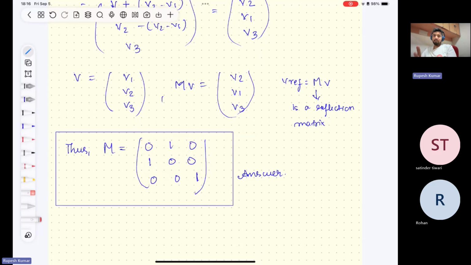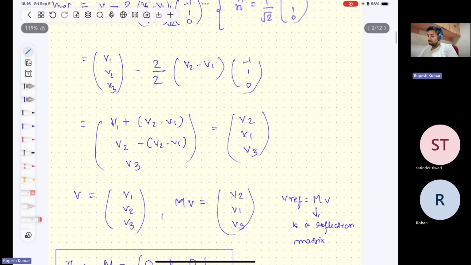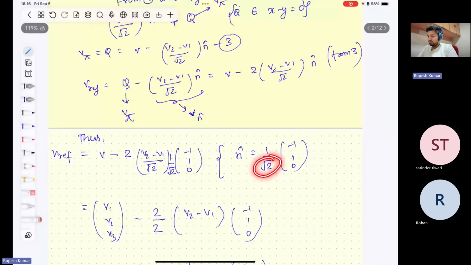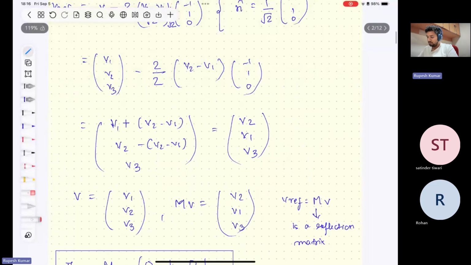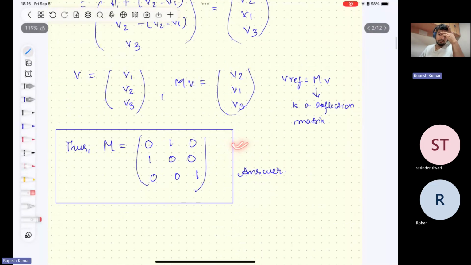So the last time I made some mistake where I was missing this square root 2 factor in the denominator while writing the n cap. That's why the answer was different, but now I have corrected it. Fine, everyone. Is this clear? It's just a clarification for the previous session. I think Satinder, you raised a query that the answer was wrong.